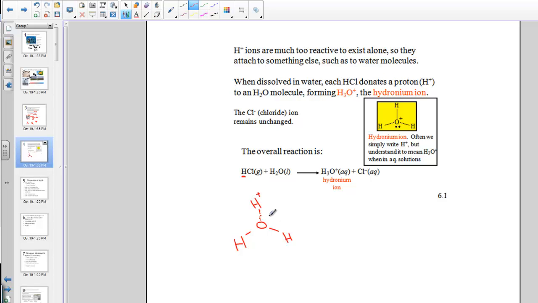It has no chance of just free-floating around by itself. It's always attached onto the water. And what we call this species is a hydronium ion. Hear that word? Hydronium, H3O plus 1. It's really called a protonated water molecule. It's water with an extra proton.